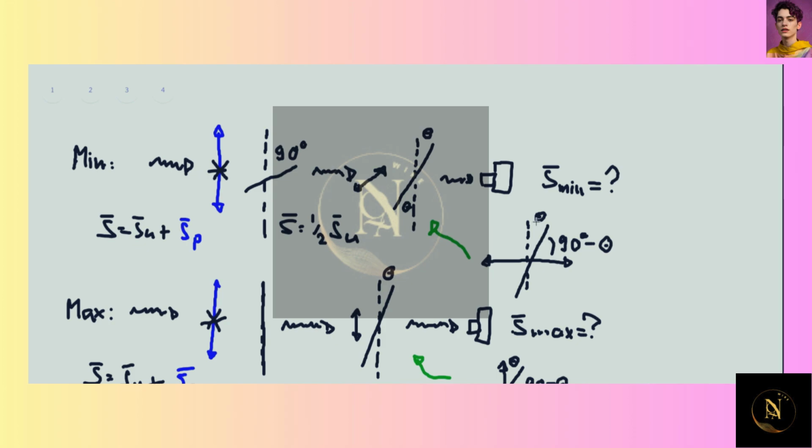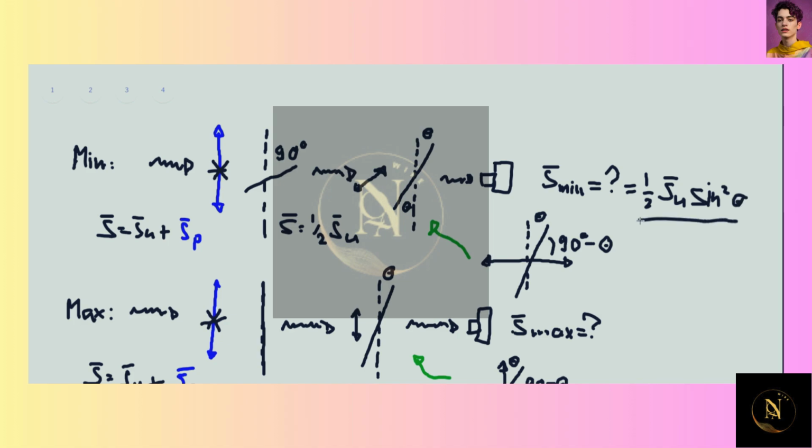And so if the polarizer makes an angle of theta with the vertical, then I have to resolve my horizontally polarized light onto this axis through 90 minus theta degrees, which is equivalent to saying that I'm going to be projecting away from the vertical. And so I can write the intensity incident on the second polarizer, which is one half S bar U, but now it's sine squared theta.